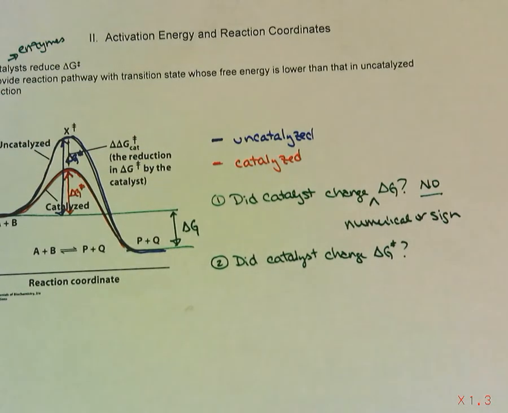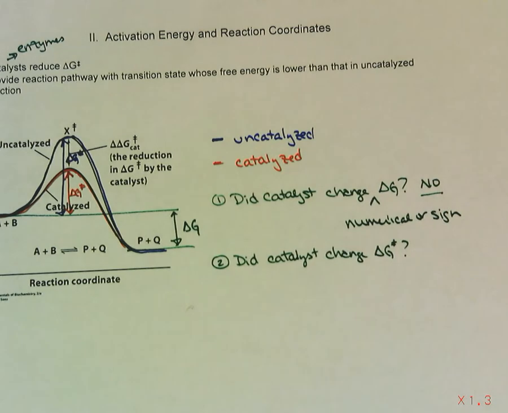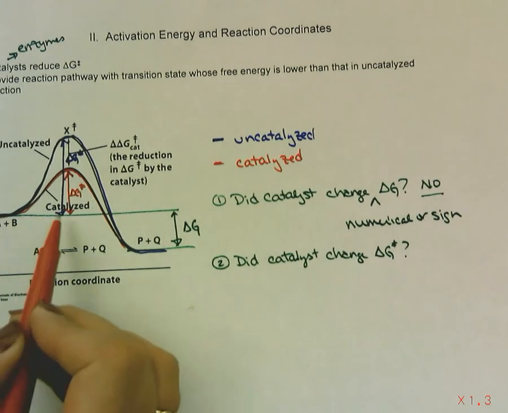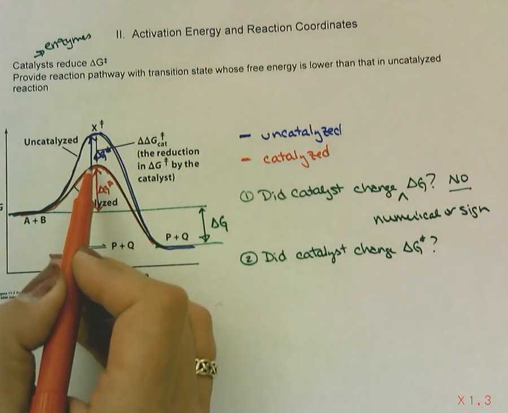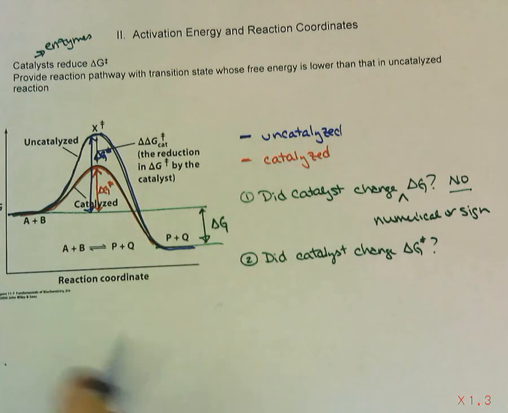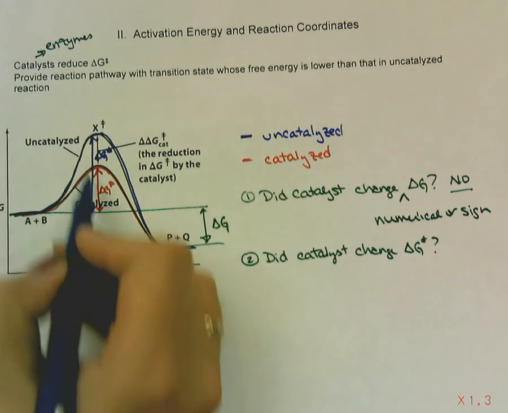So I'm going to have two different delta G double daggers then. I have one for my catalyzed reaction, which is from reactants to the top of the catalyzed peak. Then I have a different delta G from reactants to uncatalyzed.